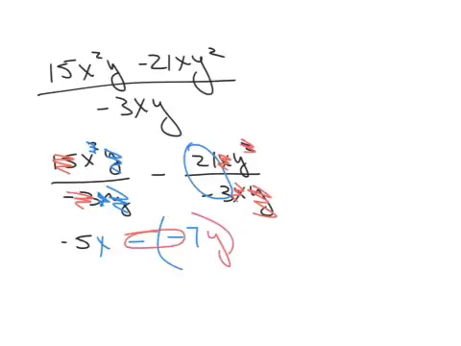So two negatives there gives me a positive, and we are done. Alright, let's do example 6, and then we will be done.